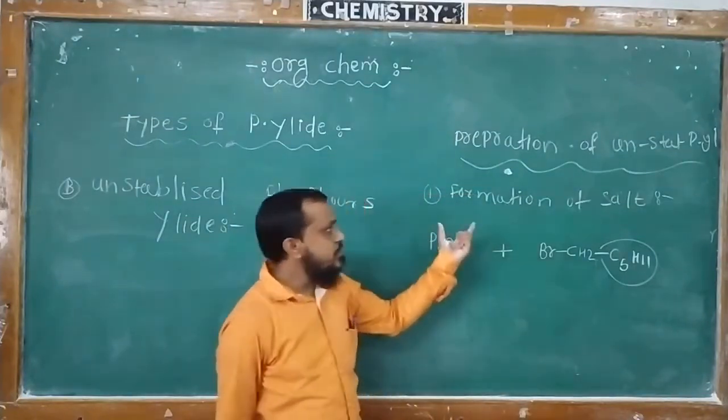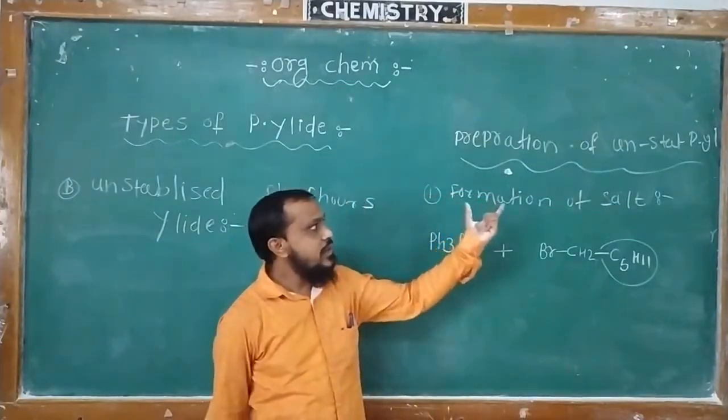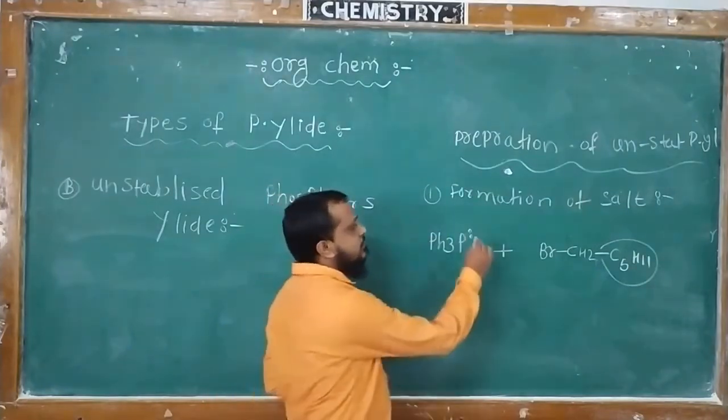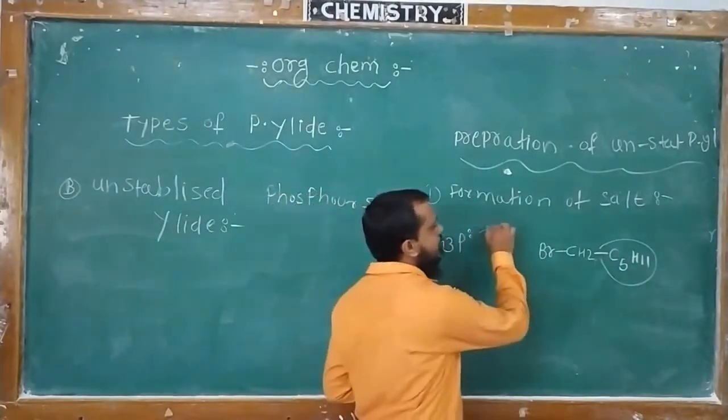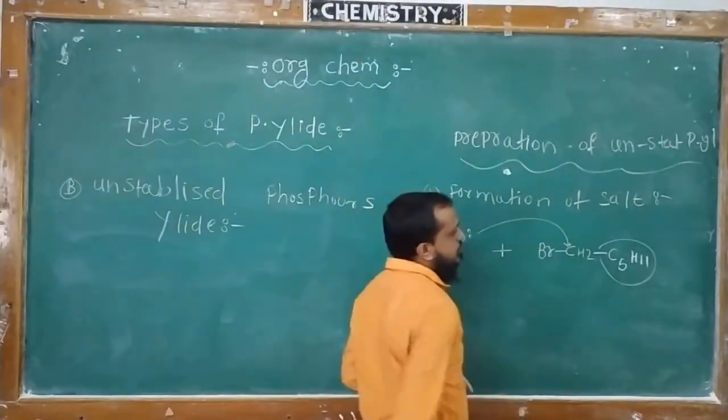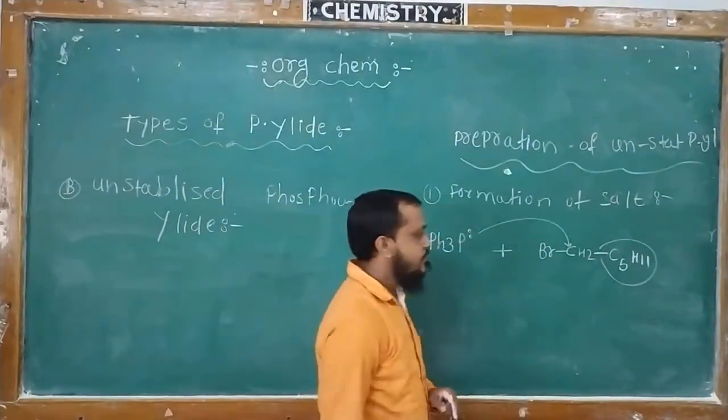So in the first step of formation of unstabilized phosphorus ylide, the lone pair of phosphorus acts as a nucleophile and attacks this carbon atom.